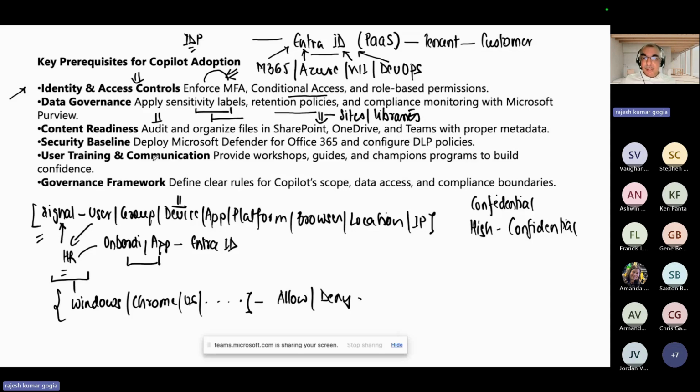From the security baseline, you're going to integrate with some of the products. And for end user training, providing workshops and guidance, you're getting some user training, some overview, and some readiness checks.